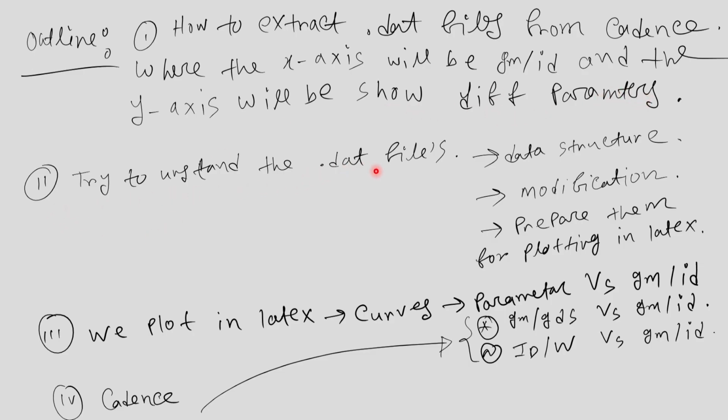And second of all, we try to understand the .dat files. That means we try to understand the data structure, then modification, and after that prepare them for plotting in LaTeX. Finally, we plot our curve in LaTeX. For example, we are doing today these two parameters, let's say GM over GDS versus GM over ID, and ID over W versus GM over ID. And then similarly, we plot these two parameters in Cadence, and after that, we try to interpret those things. How similar they are actually, and what is the difference between them.